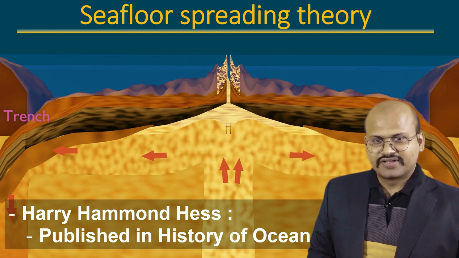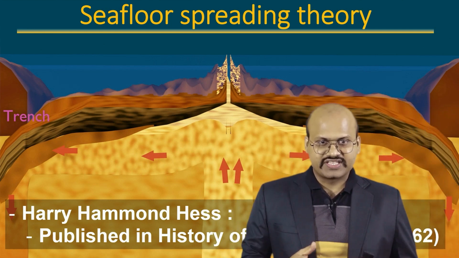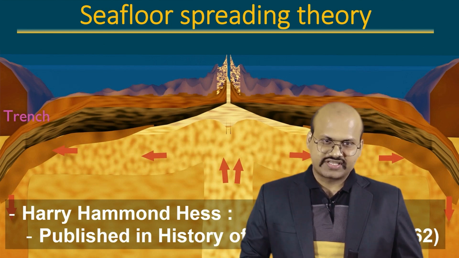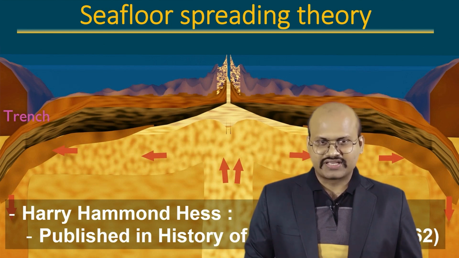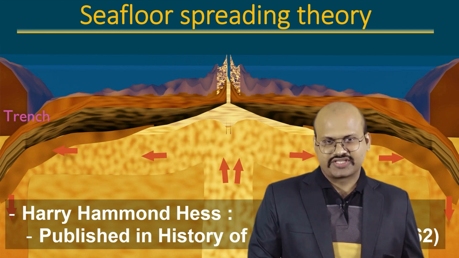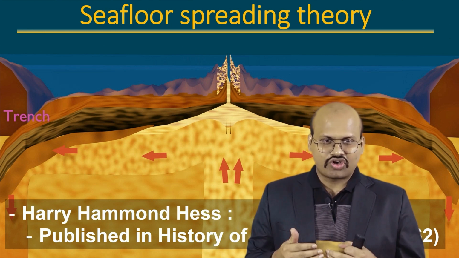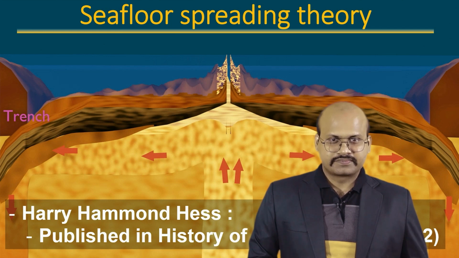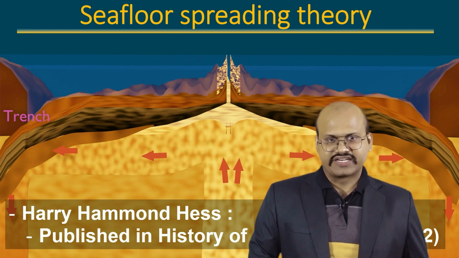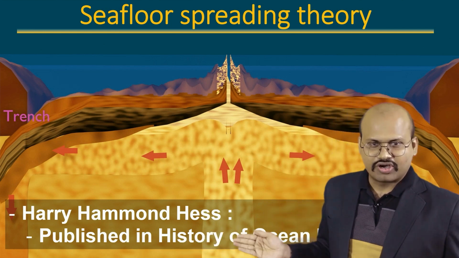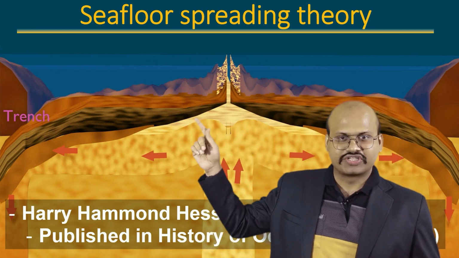Now remember, while Harry Hess gave this theory, it was an observational theory. It was not a scientific theory based on scientific laws. This was basically a hypothesis which he made based on his observations. So let's discuss what Harry Hess said in this paper for the origin of our seafloor.